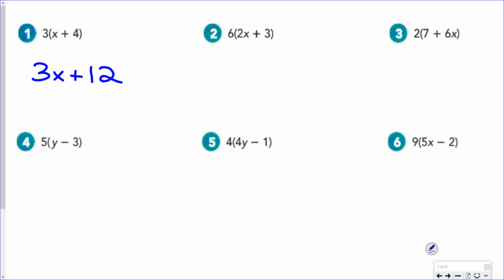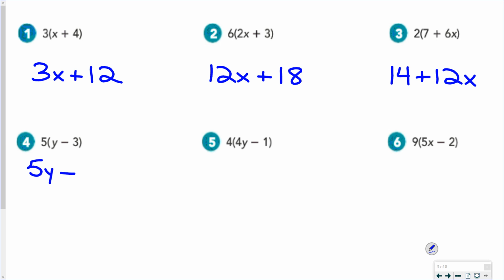And you don't have to use the arrows like I did in the previous examples, but they might help you remember to multiply everything inside parentheses by the number on the outside. So for number 2, 6 times 2x is 12x, and 6 times 3 is 18. For number 3, 2 times 7 is 14, and 2 times 6x is 12x. For number 4, 5 times y is 5y.